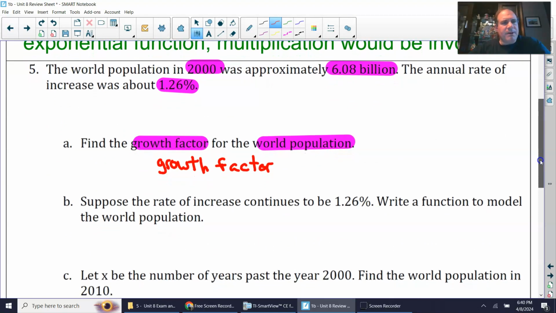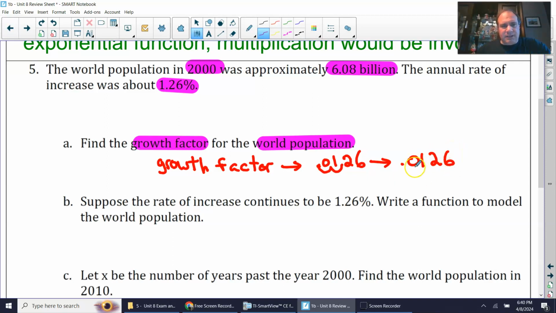So the world population in 2000 was approximately 6.08 billion. The annual rate of increase was 1.26%. Find the growth factor. So we're just going to go ahead and take that percent and move it 2 places to make it 0.0126.